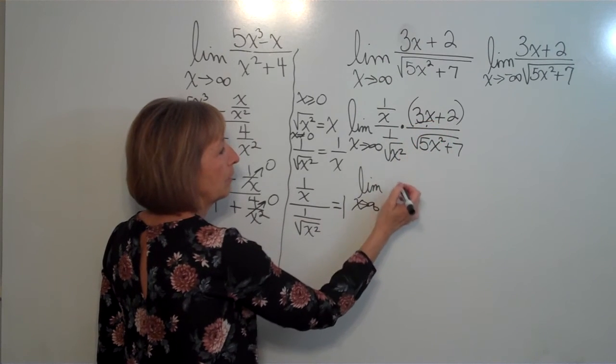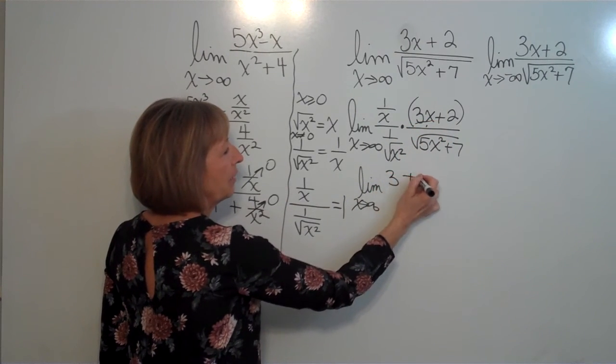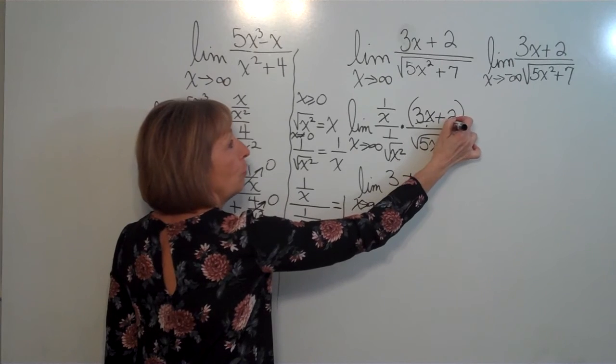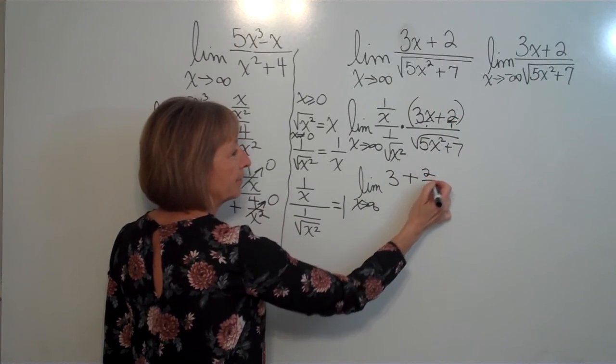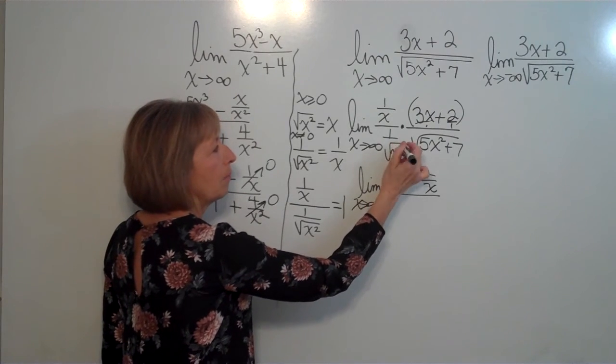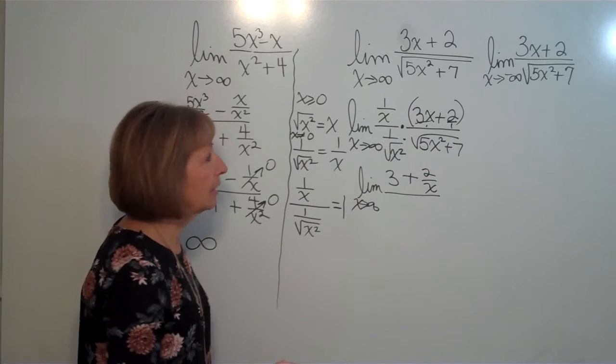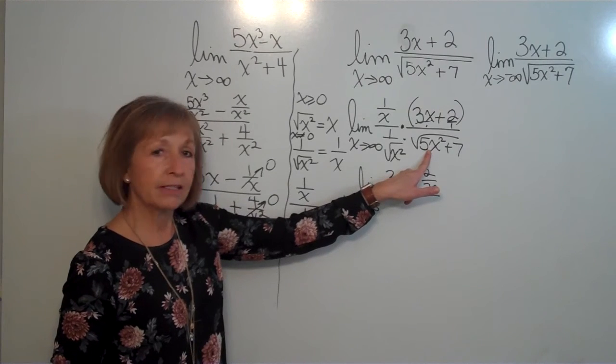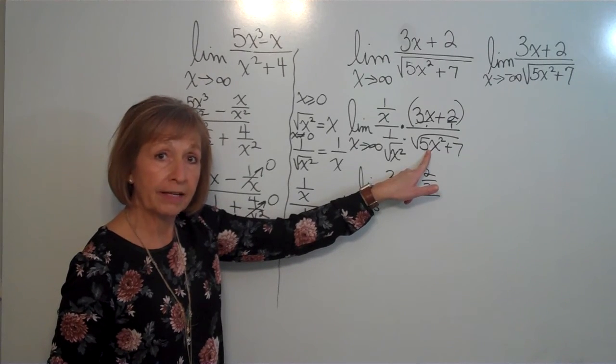So now when you distribute that, it's the limit as x approaches infinity of, well, 1 over x times 3x over 1 gives me 3, plus 1 over x times 2 over 1 gives me 2 over x, over. And then multiplying with radicals, I have the square root of 5x squared plus 7 over the square root of x squared.